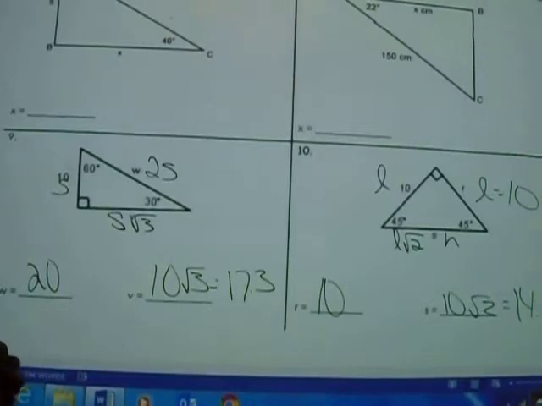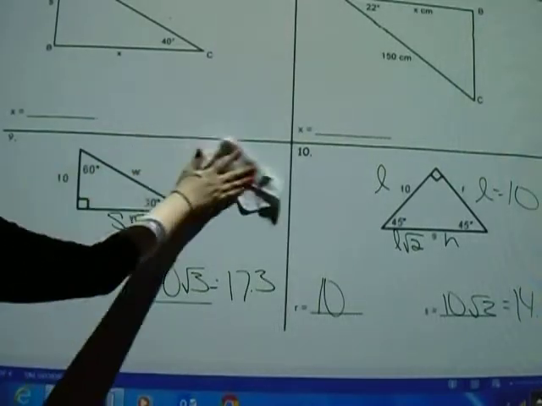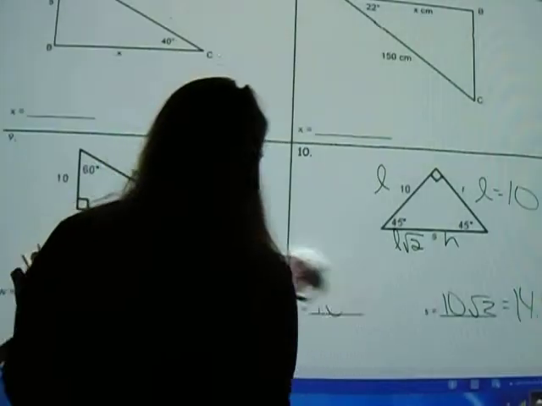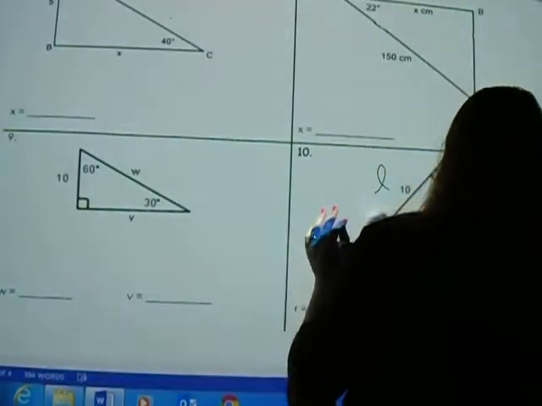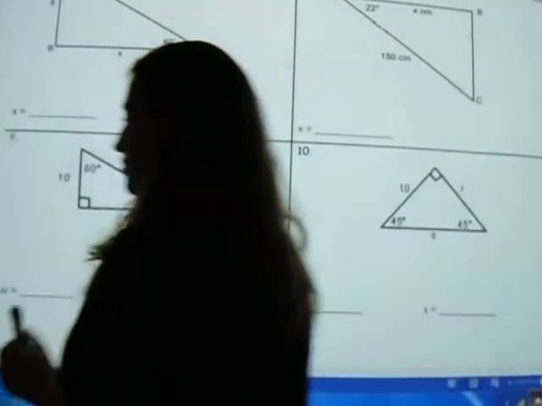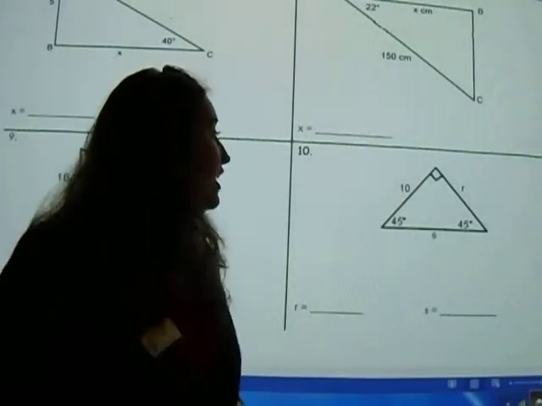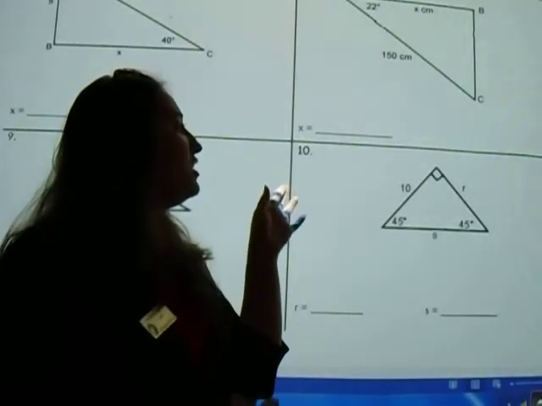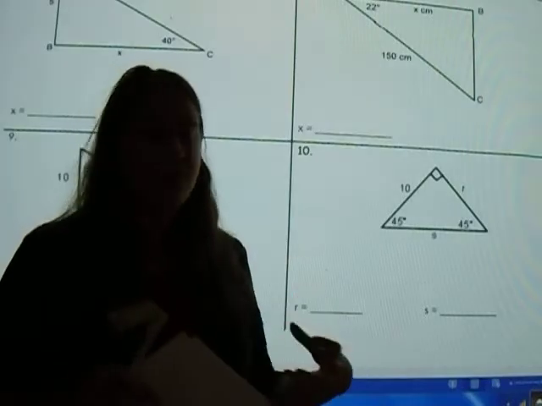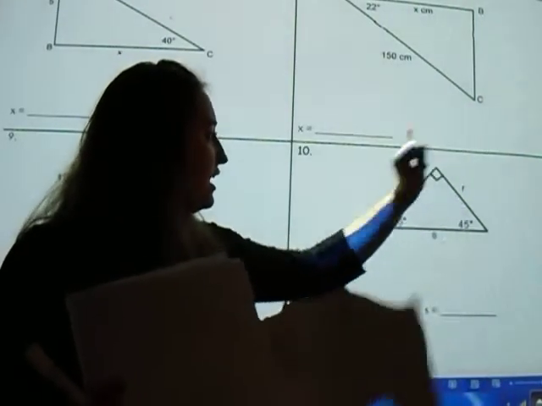Alright, so that used our special right triangles. Guys, knowing the rules for special right triangles is important. If you use sine and cosine, yes, you can do that to find S and R for this.